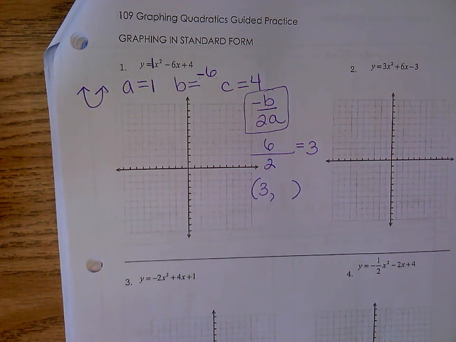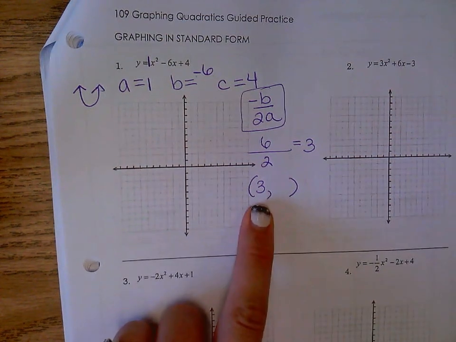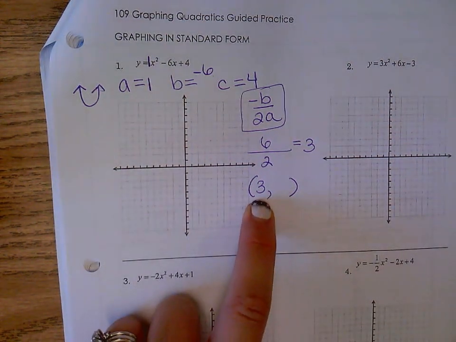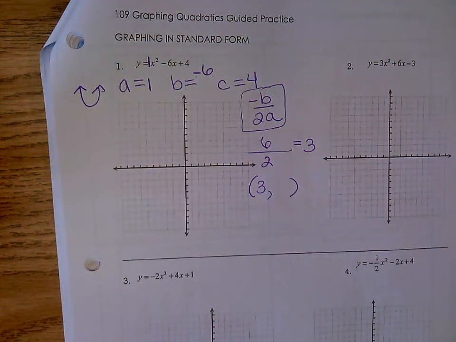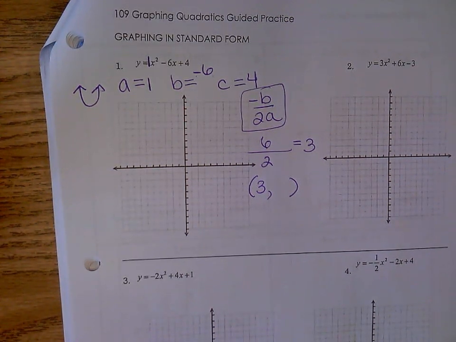How do I find the y value? Yep, take this 3. So see if you can do that algebra. Take the 3, plug it back in on the right-hand side. So do 3 squared minus 6 times 3 plus 4, and tell me what you get for the y value, because that will be your vertex.